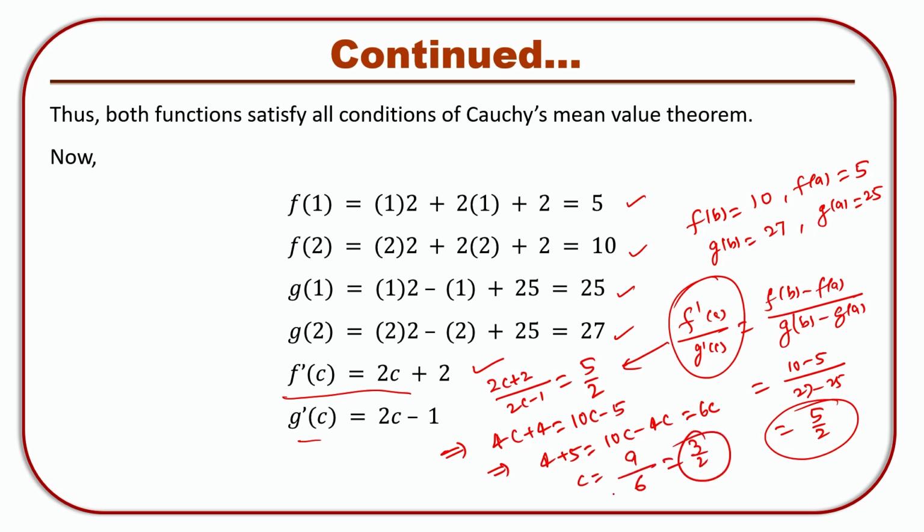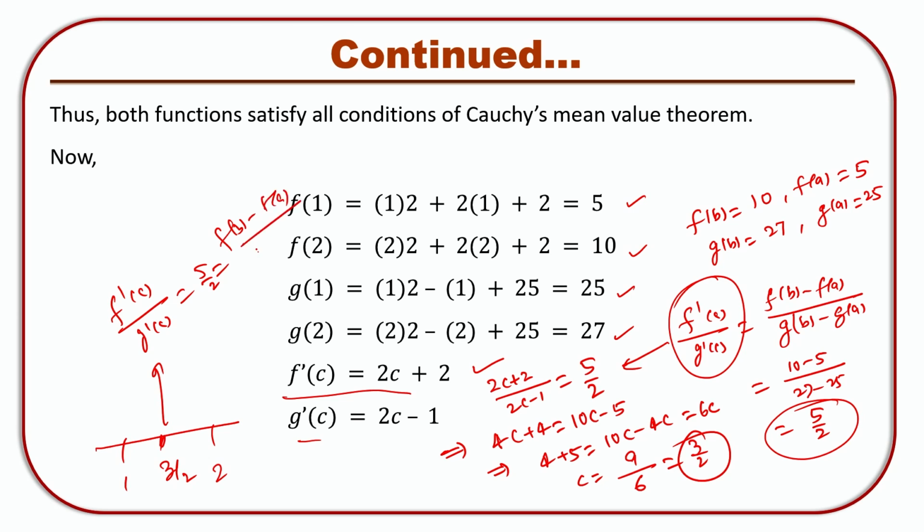And now you can check that c equal to 3 by 2 is lying between where? Lying between 1 and 2, the given interval. So here is the 3 by 2, for which f dash of c upon g dash of c is equal to 5 by 2, which is equal to f of b minus f of a divided by g of b minus g of a.